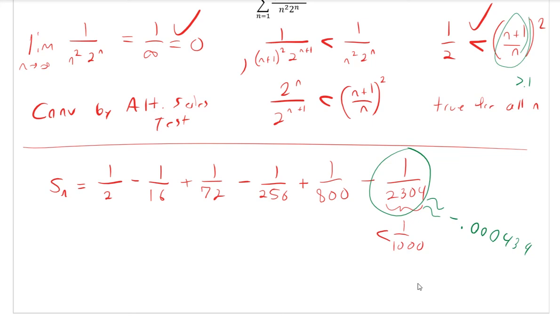So that's 4 decimal places, so maybe we can do one more then. If I do the 7th power, I get 49 times 2 to the 7th power, which is 1 over 6272. Which tells e to the negative 4, so maybe one more just in case. The 8th power will give you 8 squared times 2 to the 8th power, 16,384.